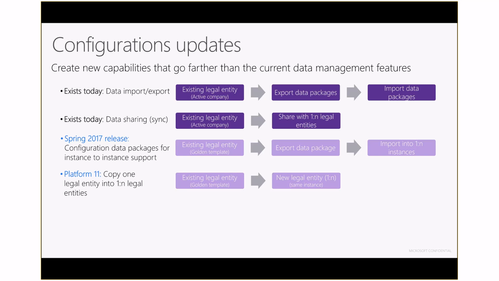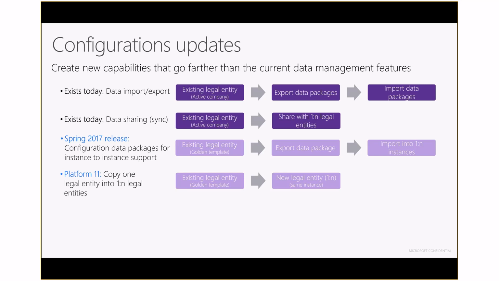What we added over the last period of time are 2 different features. The first was released in the spring release: the configuration data packages, where you can export packages, carry them over to a new instance and re-import them. That's been out there since about July, and we added hundreds of entities and sequenced them for you.